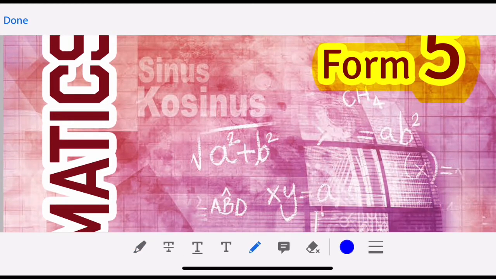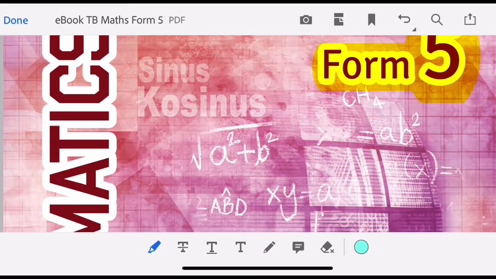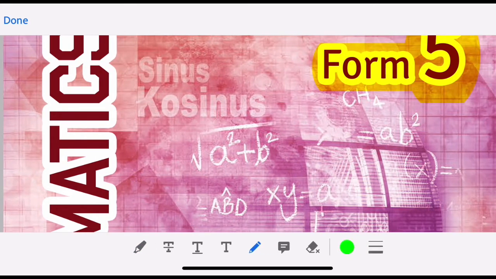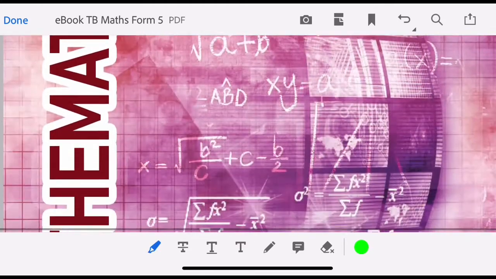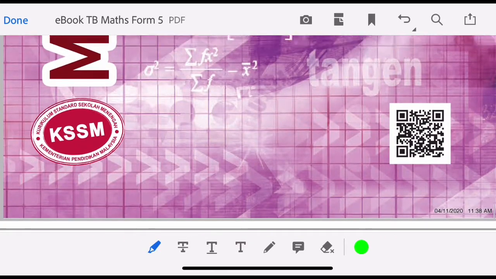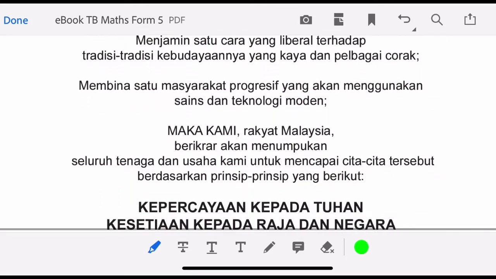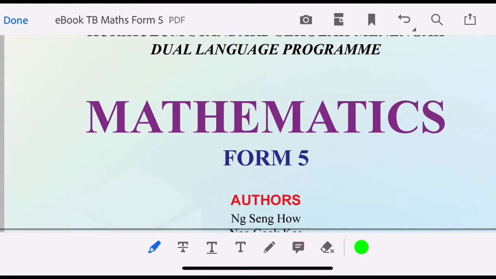Before that, I would like to introduce to you the new textbook. It actually looks very attractive and interesting. So you will have the cover of the textbook in pink color. That's a pretty nice color.